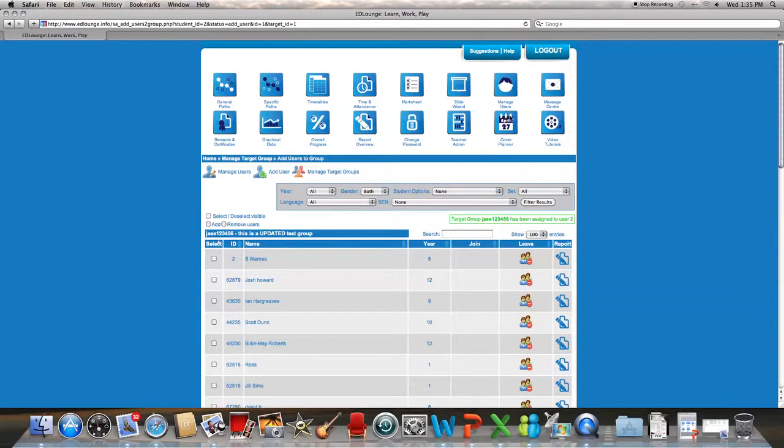This last button here, or next to the last button really, is a relief planning situation, which is brand new.